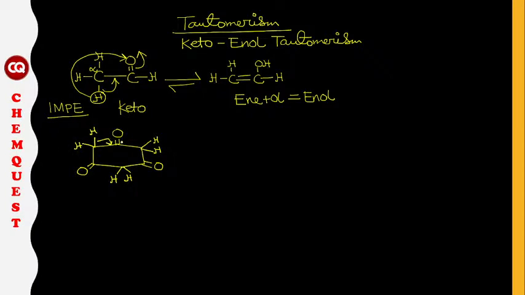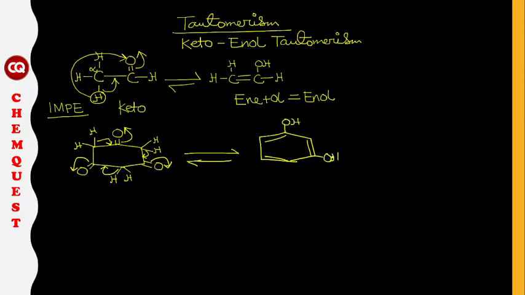Removal of hydrogen and formation of a double bond creates an aromatic compound, a benzene derivative with double bonds and OH groups.